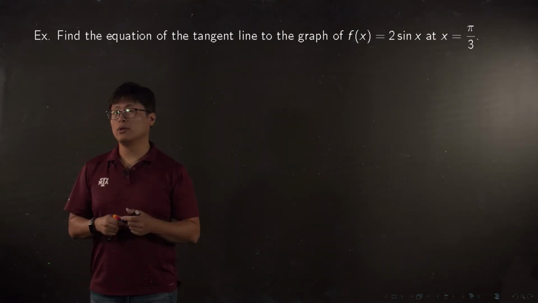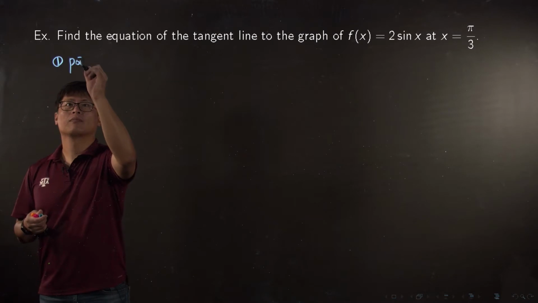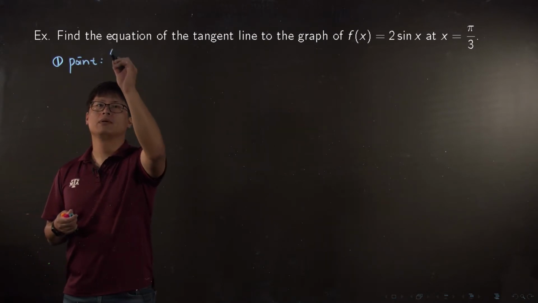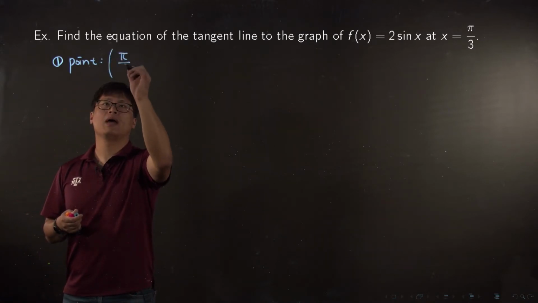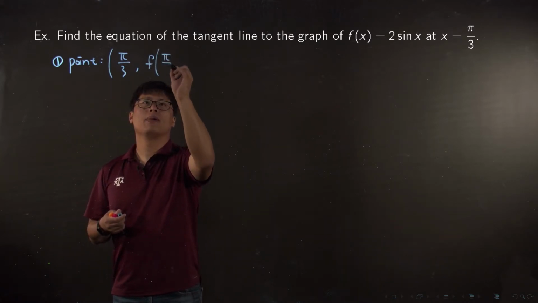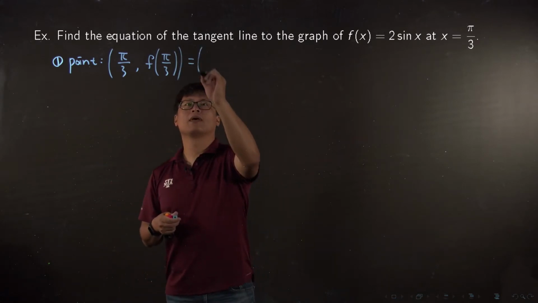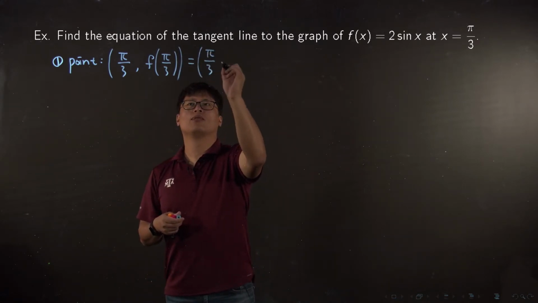Let me write all the information. Here we go. The point is given in the problem. The x component is pi over 3. Then the y component will be f of pi over 3. Let me calculate this analytically. It is pi over 3, comma.